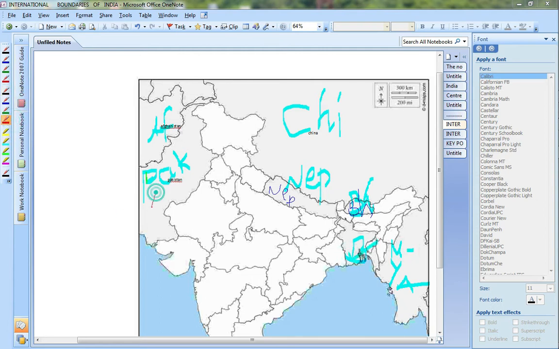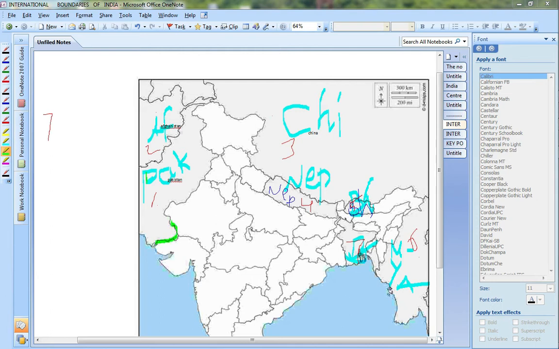How many countries are those? 1, 2, 3, 4, 5, 6 and 7. Yes. Our country shares land boundaries with 7 countries. What are those? Pakistan, Afghanistan, China, Nepal, Bhutan, Myanmar and Bangladesh.